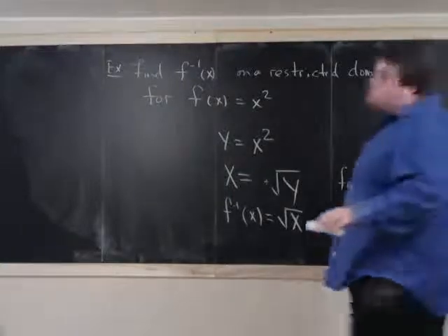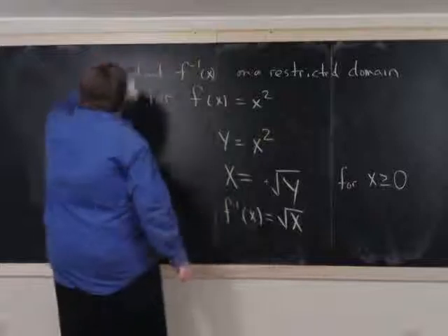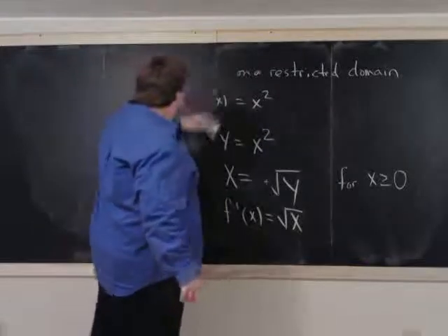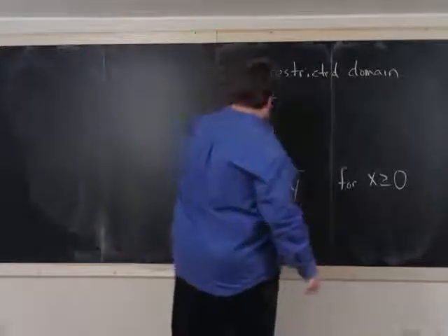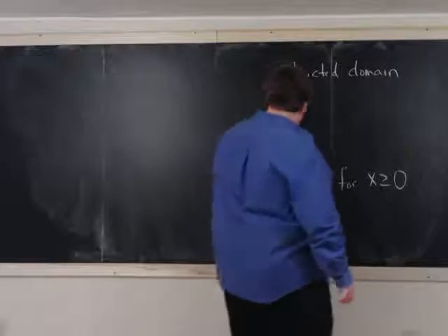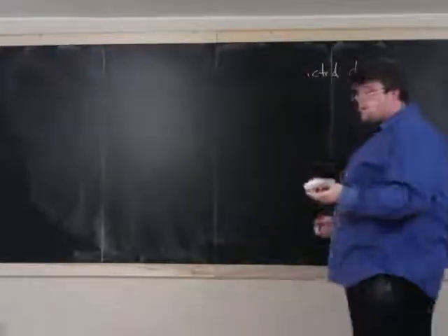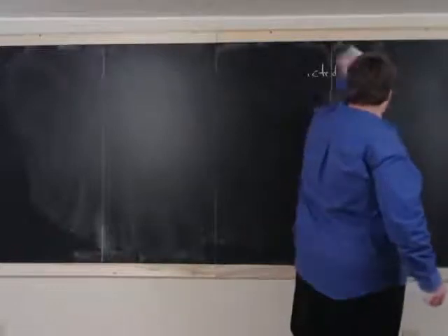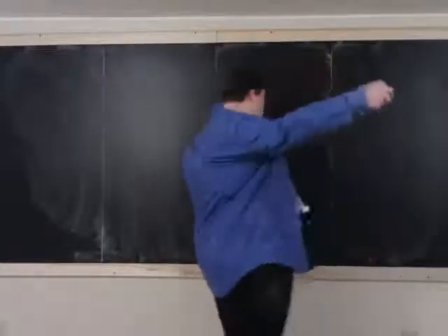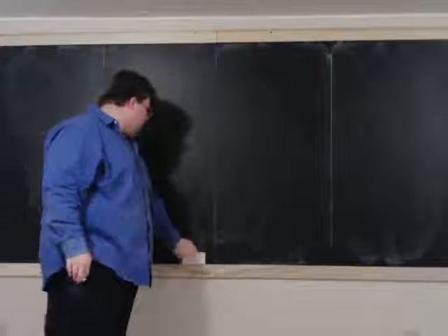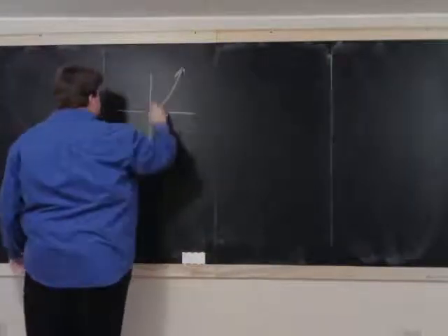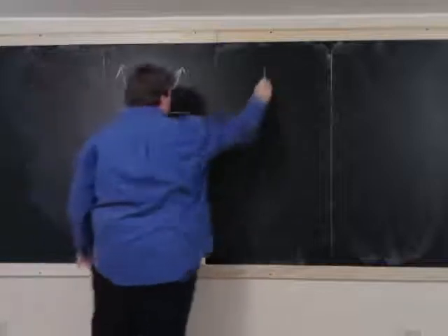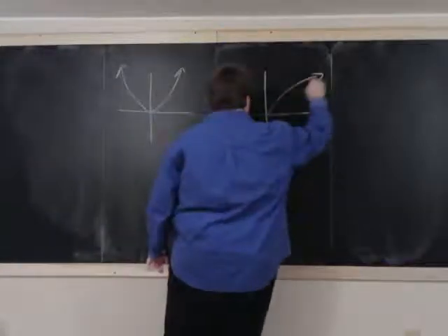So what did we do on the graph? I didn't check the composition. The composition is just square roots squared cancel out. You didn't have to check it. What did we do in the graph with this example?